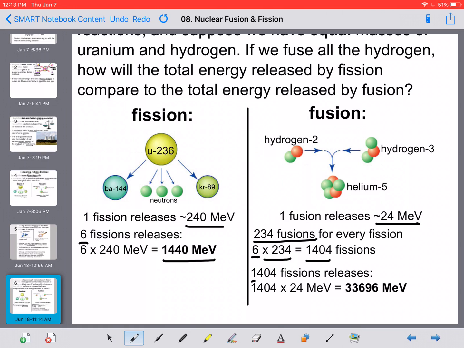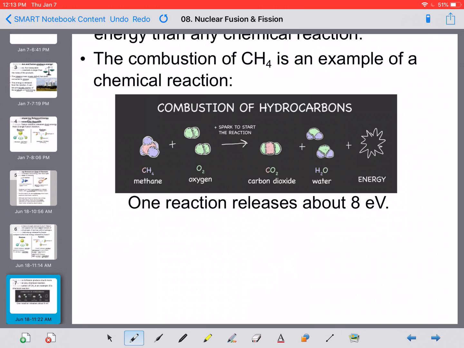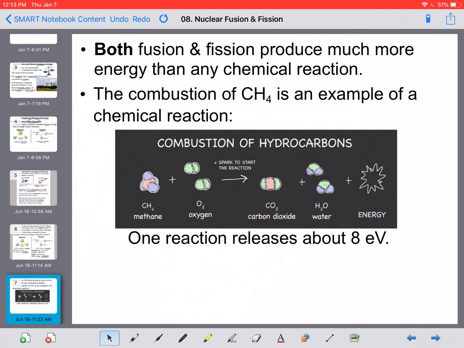If you take the number of fusions and multiply it by the energy per fusion, you get about 34,000 mega electron volts. You can see here, as I was just explaining, the fusion releases more energy.